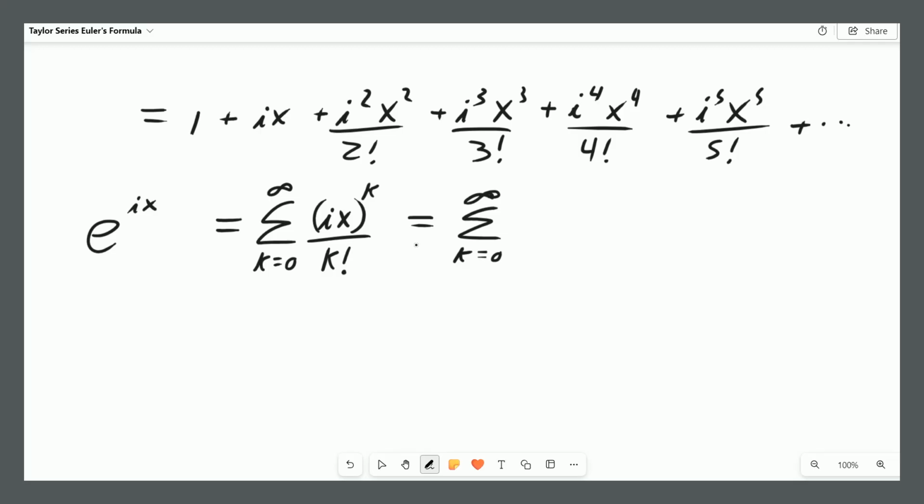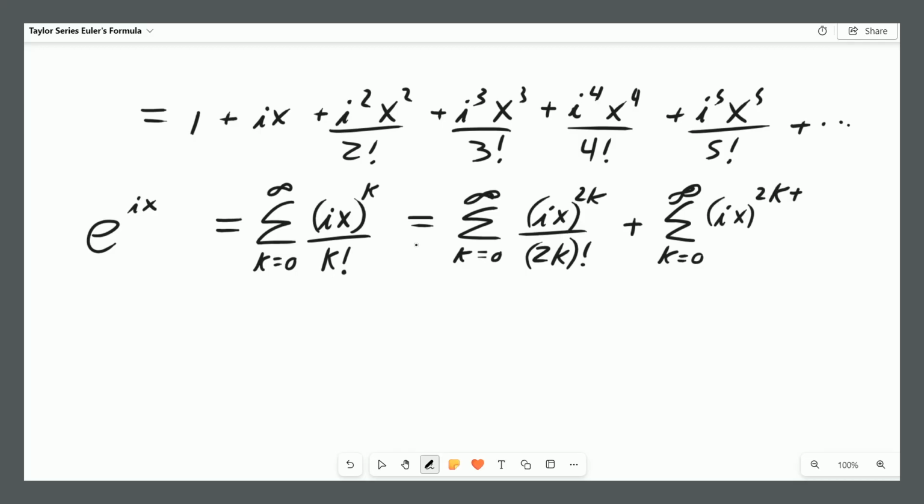Well, we're going to have (ix) to the power of 2k divided by 2k factorial. And then odd exponent terms, where we have (ix) to the power of 2k plus 1 over 2k plus 1 factorial. Okay? Now watch what happens when we simplify these.